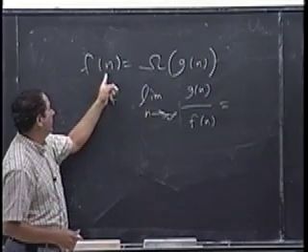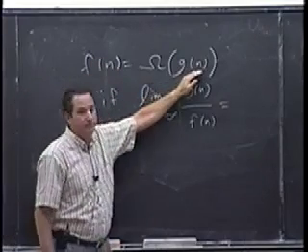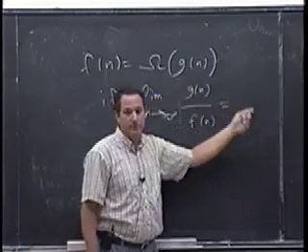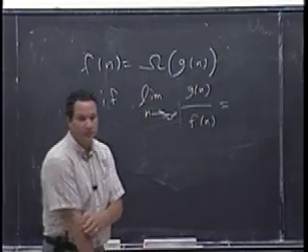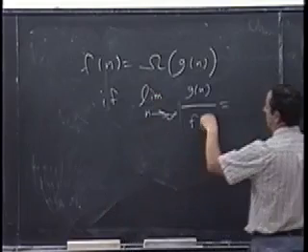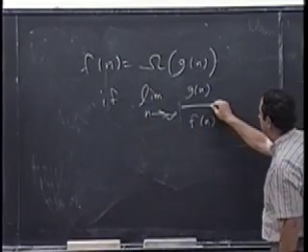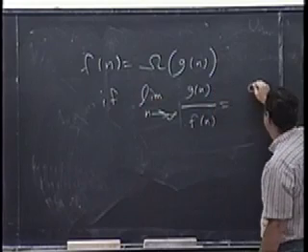So if intuitively what I want is that f of n grows at least as fast as g of n, then what are the possibilities over here? Either a constant or 0. Yes, if I want f of n to be growing at least as fast as g of n, maybe it really dominates g of n, in which case this thing goes to 0.